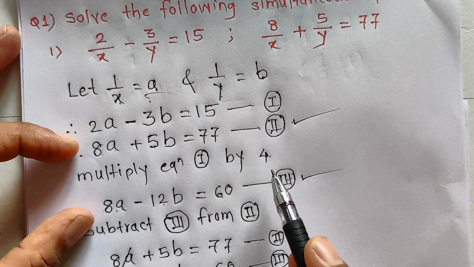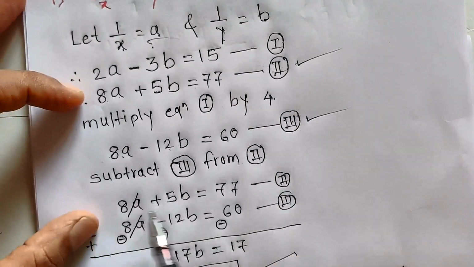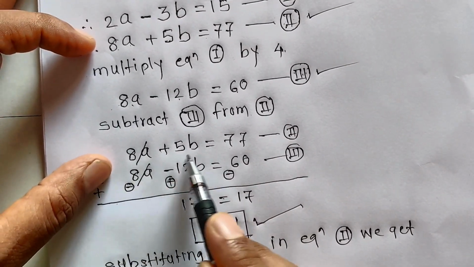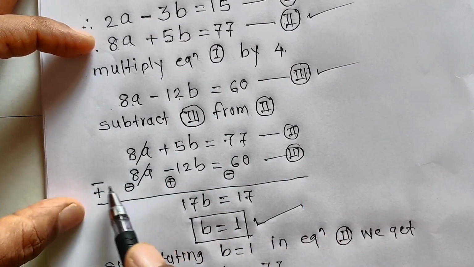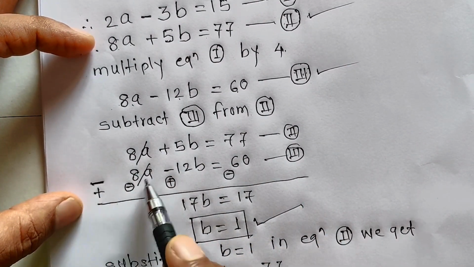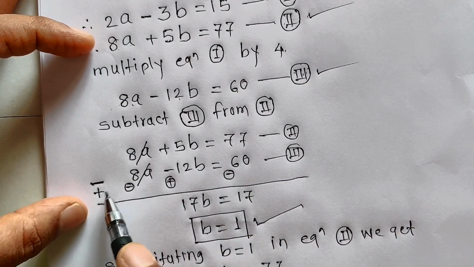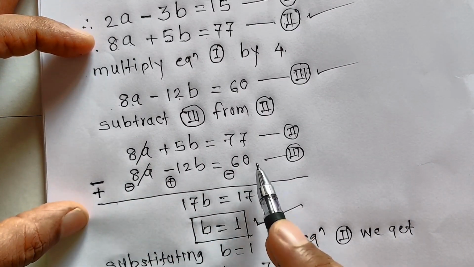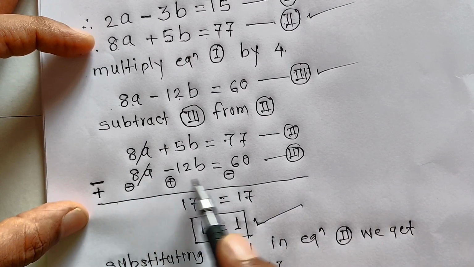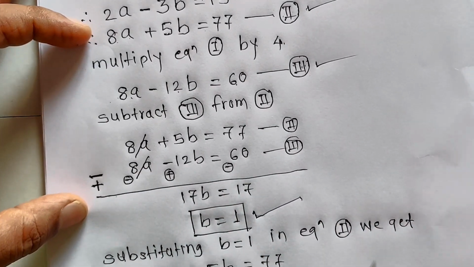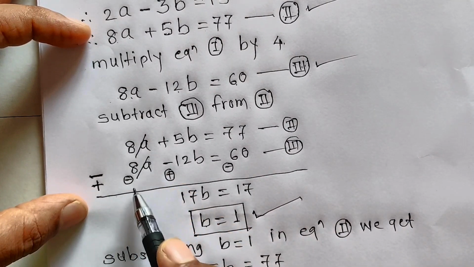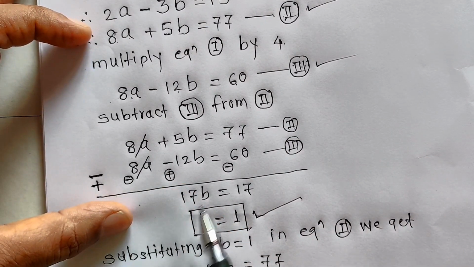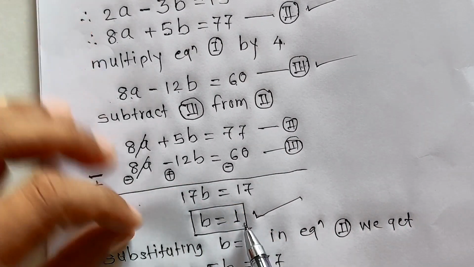So we have to subtract 3 from 2. First write equation 2, 8a plus 5b is equal to 77, minus this equation 3. While subtracting, we add the second equation but change the sign of all terms of the second equation. So here the signs are changed. 8a minus 8a get cancelled, so one variable is eliminated. We get b is equal to 1.